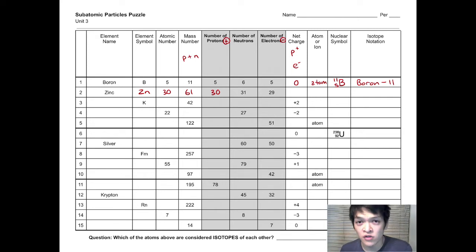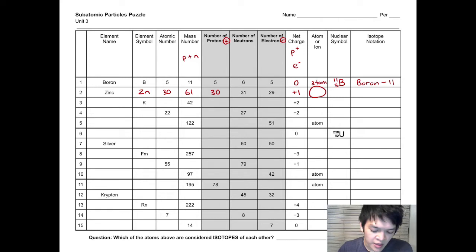Well, I have more positive here, so I know my net charge is going to be positive. But positive how much? Since I only have one extra positive than my negative, this is going to be a net charge of positive 1. Okay, I hope that makes sense. Because 30 is only one number higher than 29. So there's only one extra proton, or one extra positive charge rather.